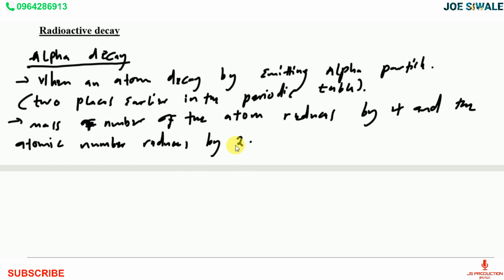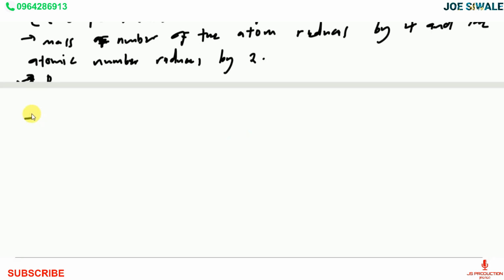Then we have also said that the atom that emits radiation is referred to as the parent nuclide. So the parent nuclide is the atom that emits the radiation.